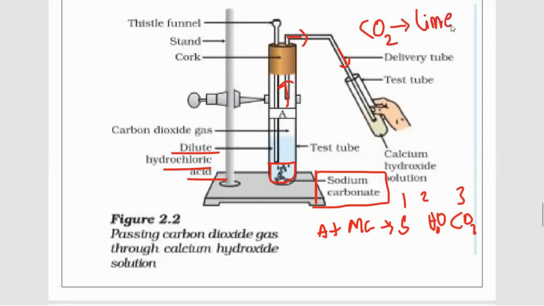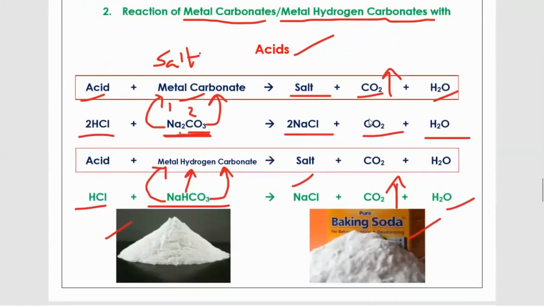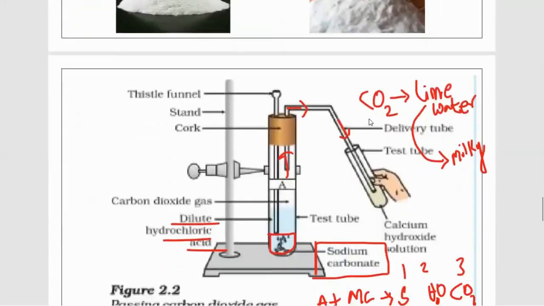If you pass it through lime water, that lime water, which is transparent, turns milky white. First of all, the calcium hydroxide solution, I mean lime water, will be transparent. After passing carbon dioxide, that transparent solution turns milky white. That is the equation involved and the test for carbon dioxide gas.